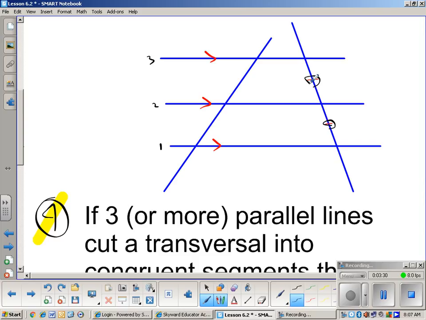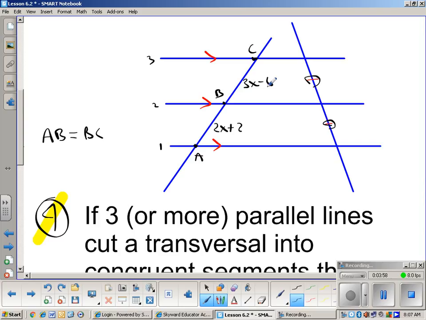So if this was A, B, and C, then that would mean that AB is equal to BC. And so if I knew this was 2x plus 2 and this is 3x minus 6, then I could solve for x by doing what?